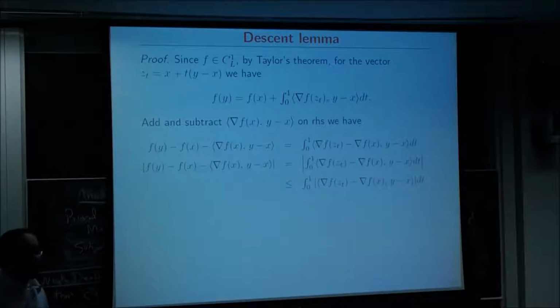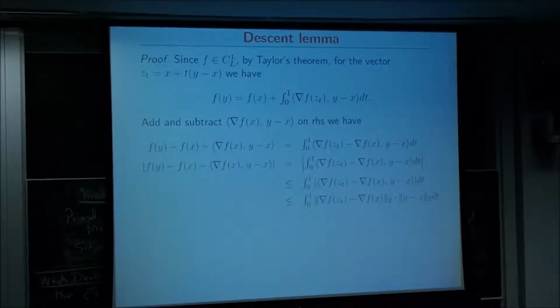After applying the triangle inequality, what should you do to the inner guy? You just apply Cauchy-Schwarz, right? Once you've applied Cauchy-Schwarz, what is the last thing that remains to apply? Now you apply your assumption that gradient of f is Lipschitz to get rid of this term.